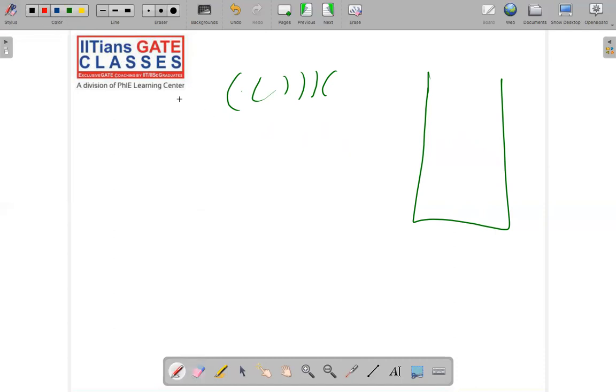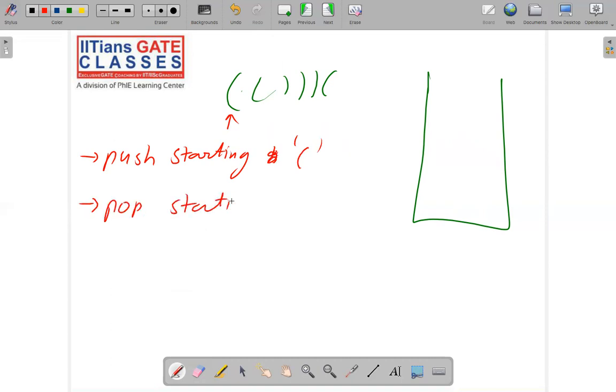Our pointer is here. It is a starting brace. The statement is: push starting braces, and pop a starting brace on an ending brace. Exactly one, right? Exactly one.